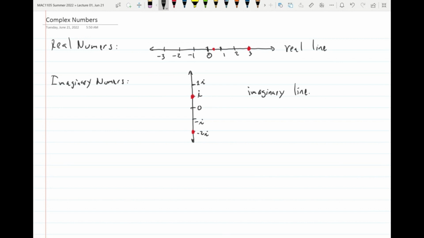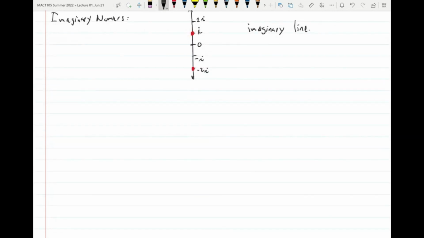So what we like to do is we put the two lines together. So here we have our real line. This is 0. And then right here, we put our imaginary line.